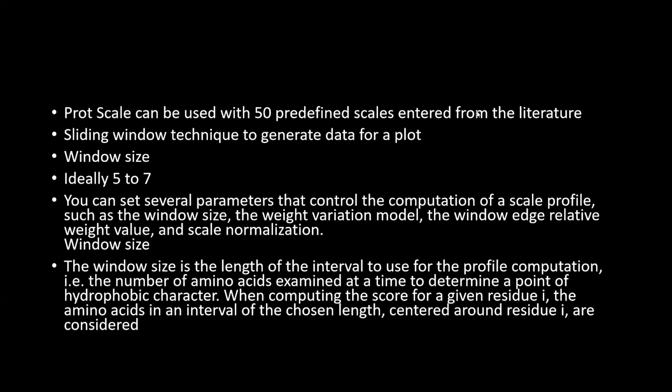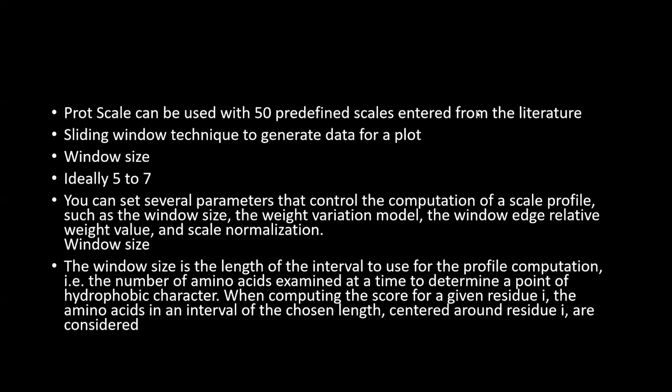If I am considering 5 amino acids at a time, my window size is 5; if 7, it is 7. Window size is the length of the interval used for the profile computation, that is, the number of amino acids examined at a time to determine a point. For example, in hydrophobicity, how many amino acids you consider at a time is your window size.